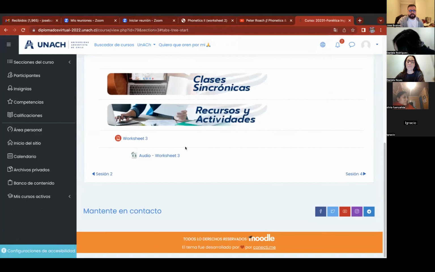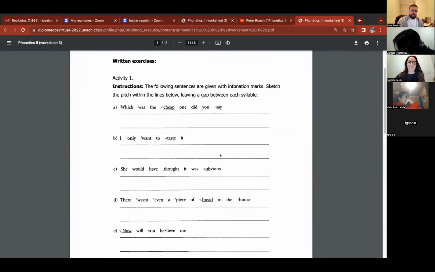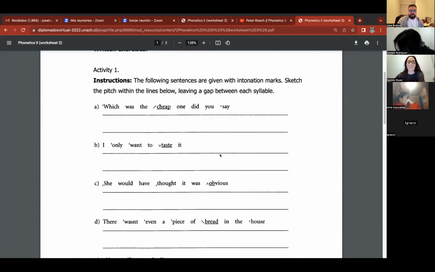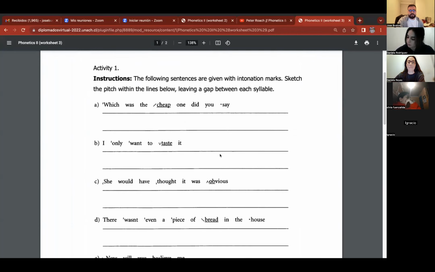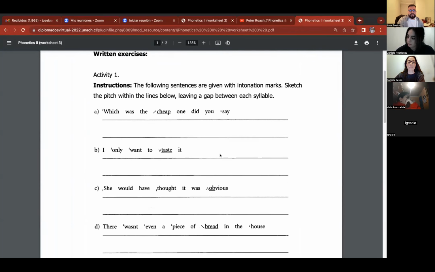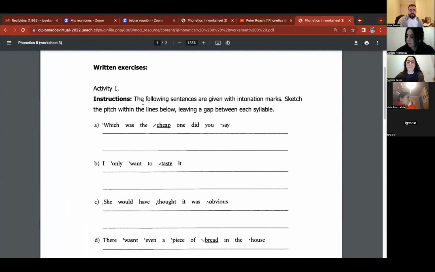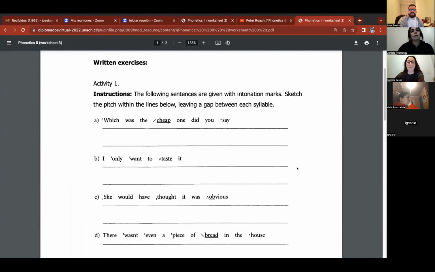Session 3. Okay, there's a worksheet. So the first one says the following sentences are given with intonation marks.